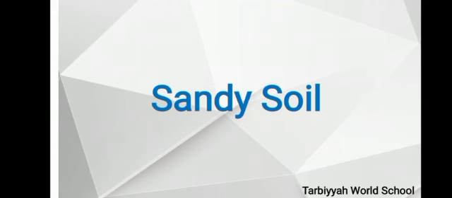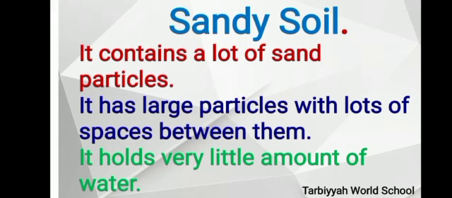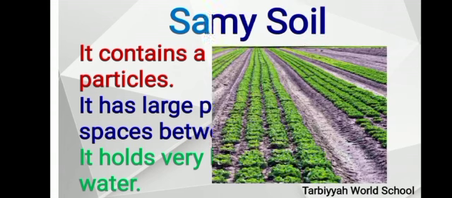Now see sandy soil, this is how sandy soil looks. Sandy soil contains a lot of sand particles. Sandy soil has large particles with lots of spaces between them. It holds very little amount of water. So therefore plants do not grow well in it.